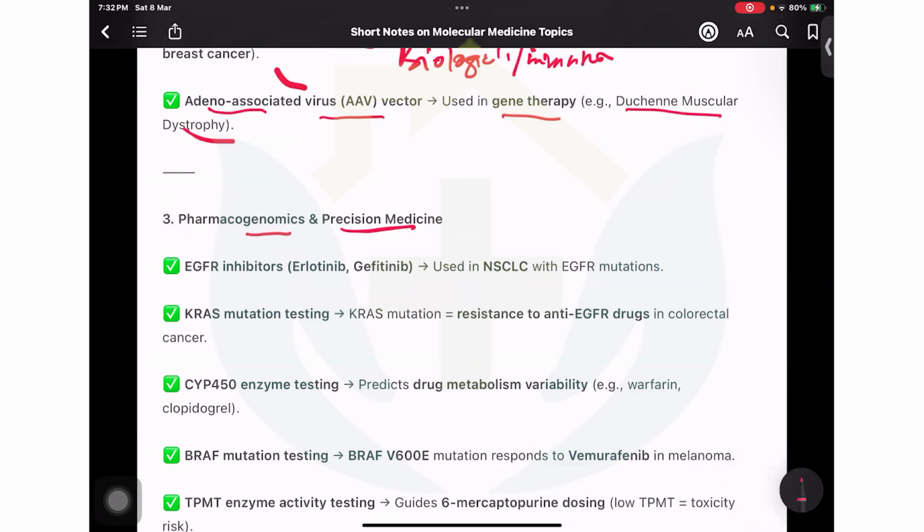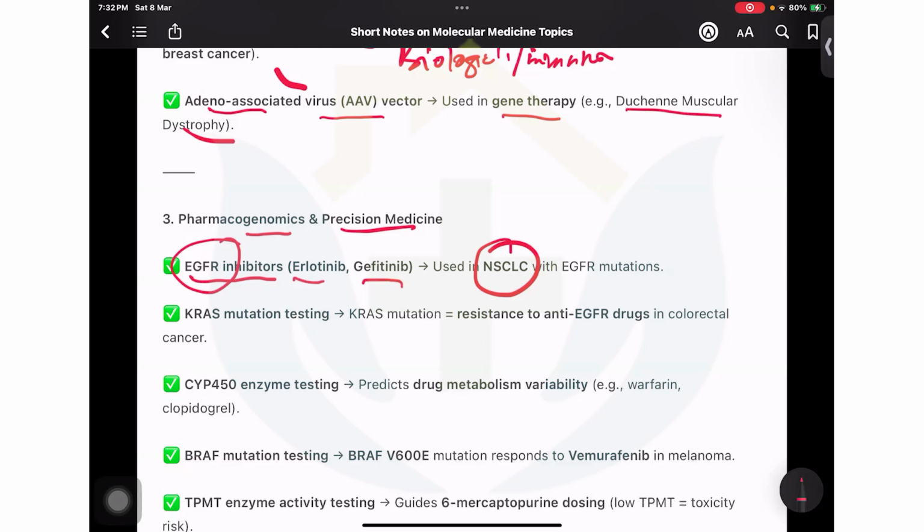These are drugs like EGFR inhibitors. So wherever there is something known as EGFR, epidermal growth factor receptor, and it leads to proliferation of the cancer cells, for example, non-small cell carcinoma of the lung, then these EGFR mutations can be blocked by erlotinib or gefitinib.